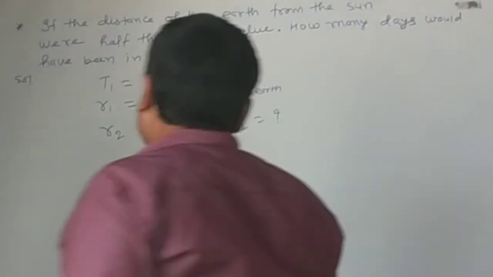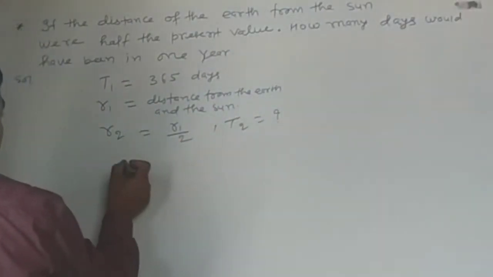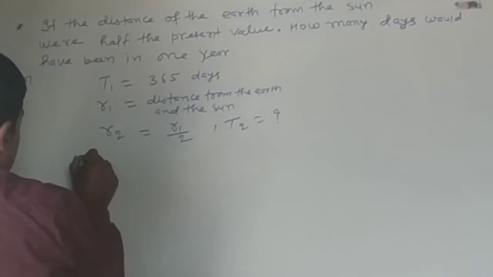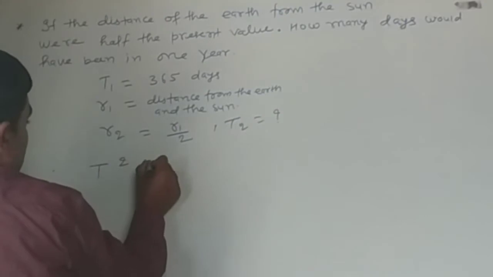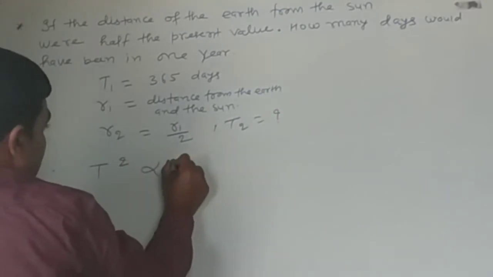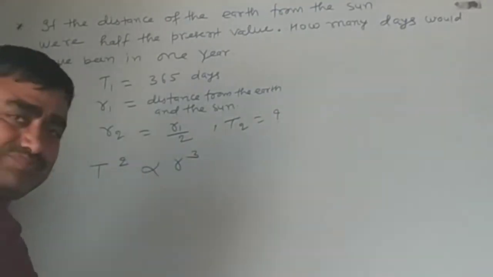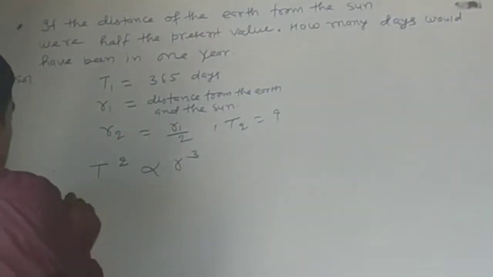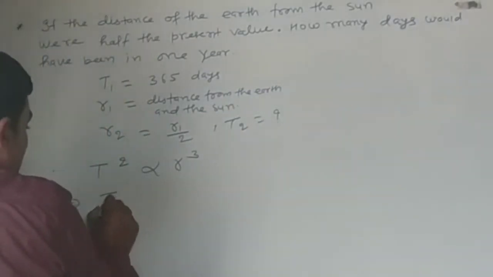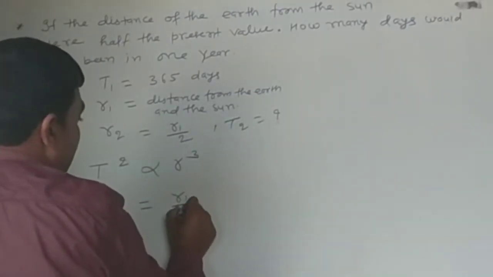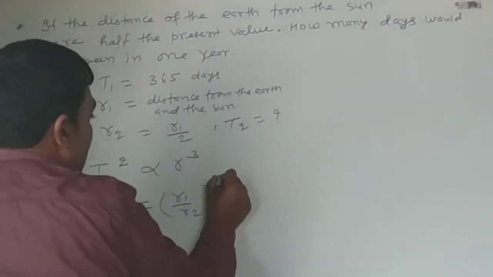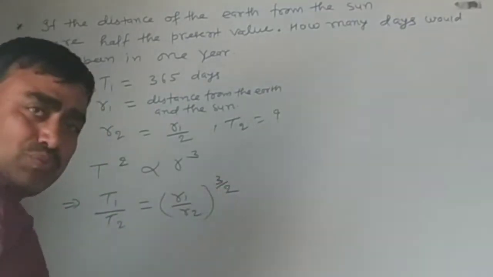From Kepler's law we know that T square varies as R cube, it can also be written as T1 upon T2 is equal to (R1 upon R2) to the power 3 by 2.